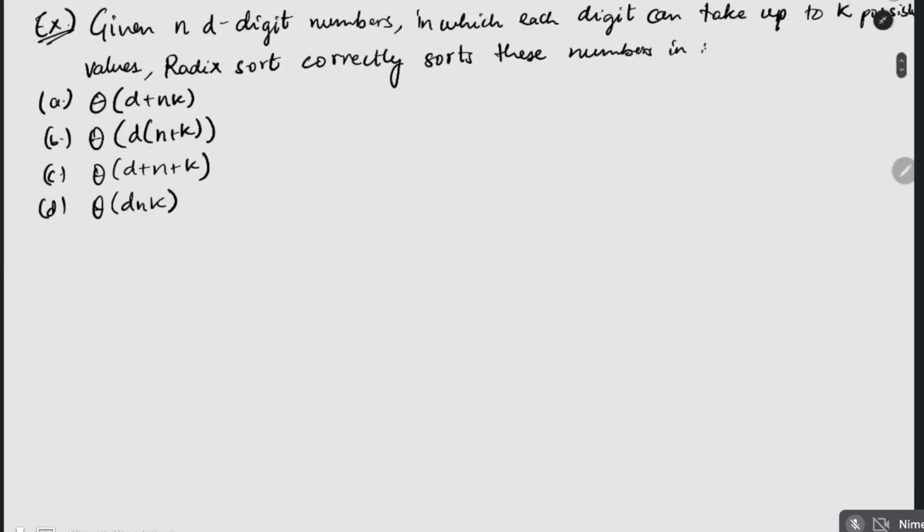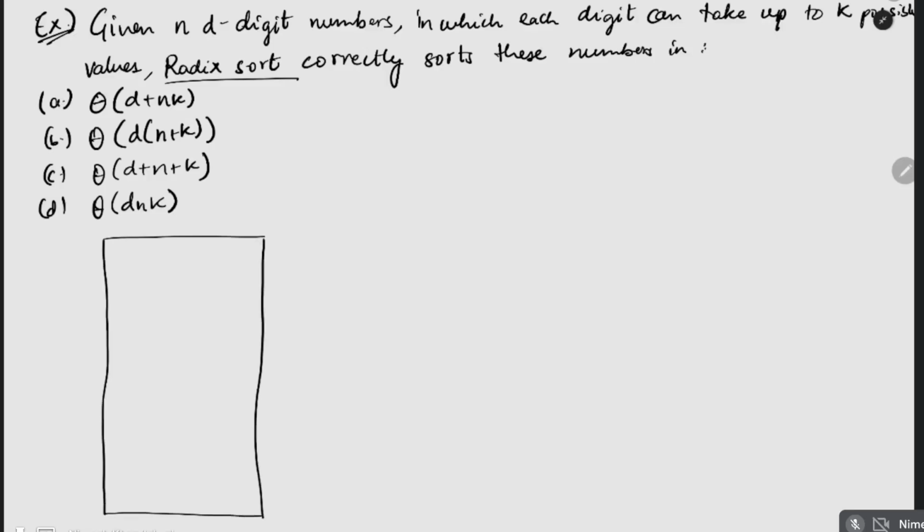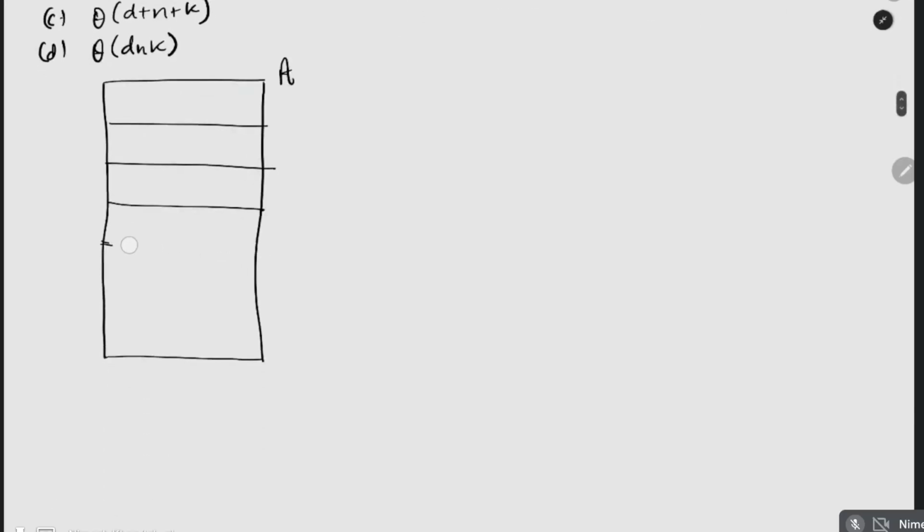Right, so to do this, let us recall what radix sort is and how does it work. So for radix sort, what we do is we take our array, let's say A, that has some numbers in it, right?